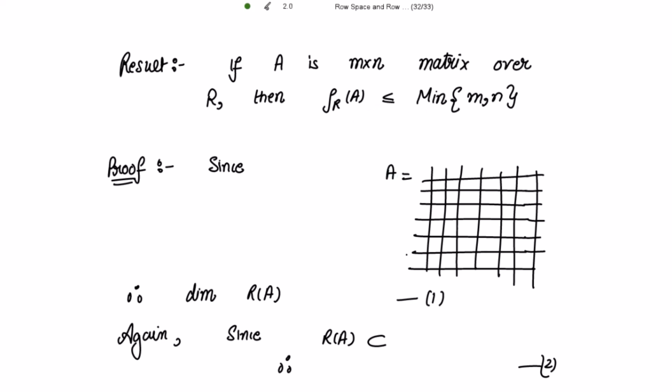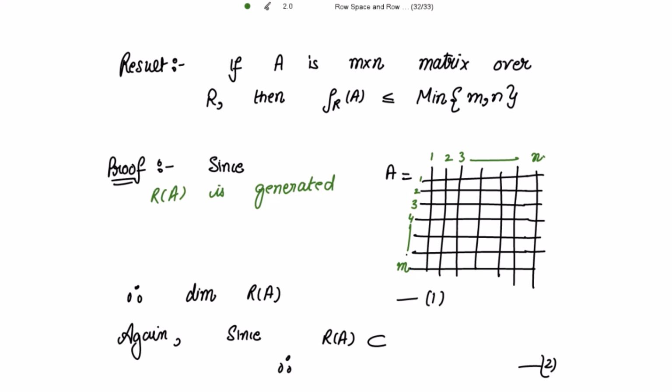So if this is your matrix A, that is m by n, the number of rows is m and the number of columns is n, right? Now, R(A) is generated by how many vectors? M vectors. Since the row space of A is generated by the rows, and there are m rows, there are m vectors.